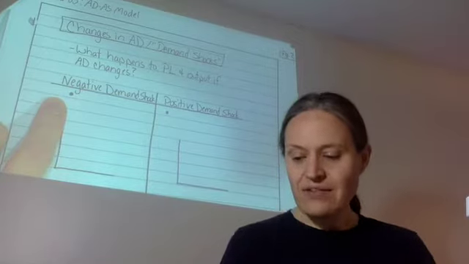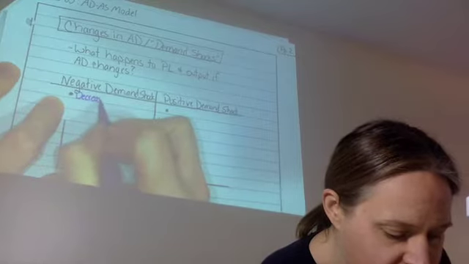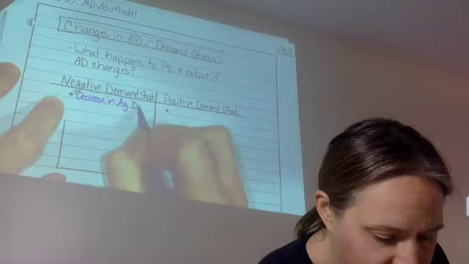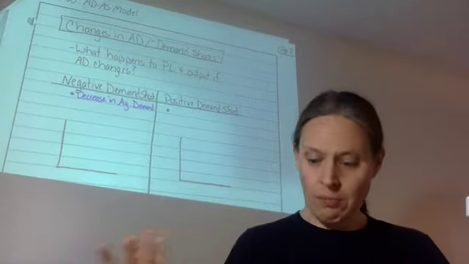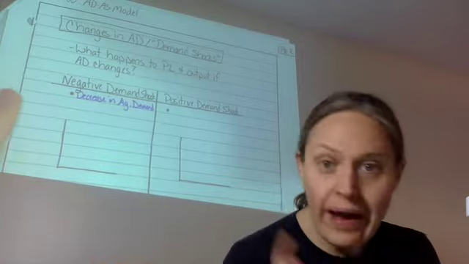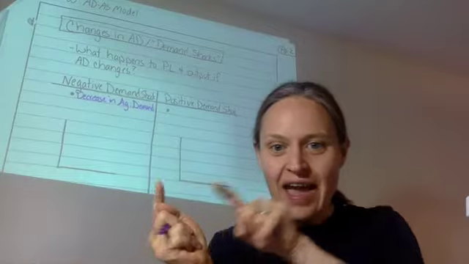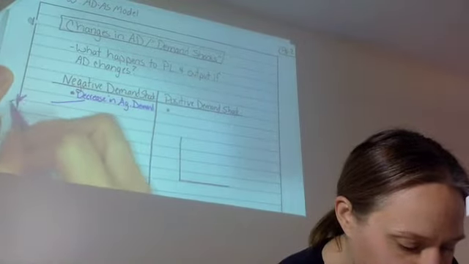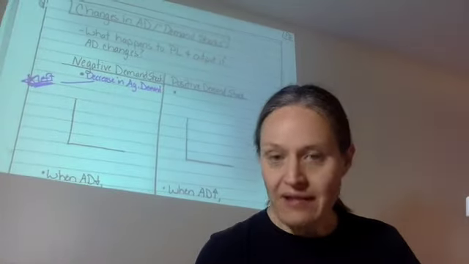A negative demand shock is a decrease in aggregate demand, or you could just write AD to abbreviate it. And I hope that you remember that a decrease is a leftward shift. Okay, so let's draw that out.